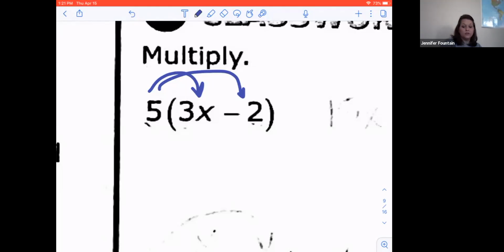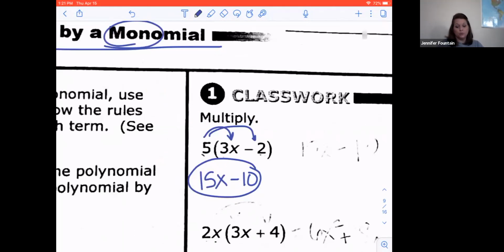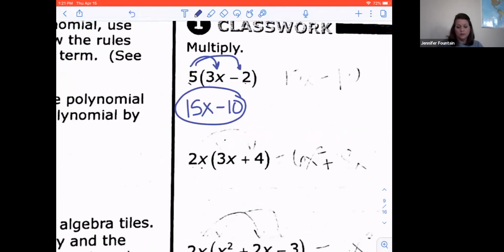So this is 5 times 3x. What's 5 times 3? 15. So 5 times 3x will be 15x. And then 5 times negative 2 is negative 10. So my answer there is 15x minus 10. I just distribute my number to each one in parentheses.